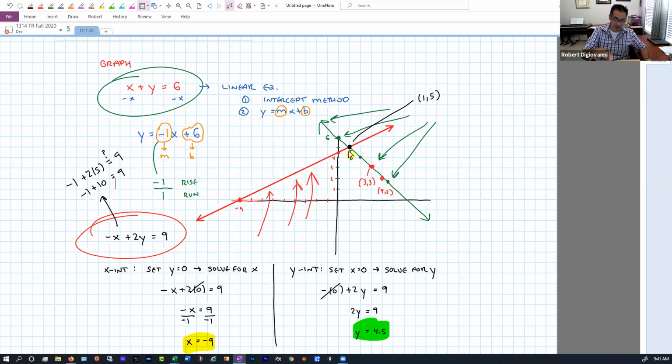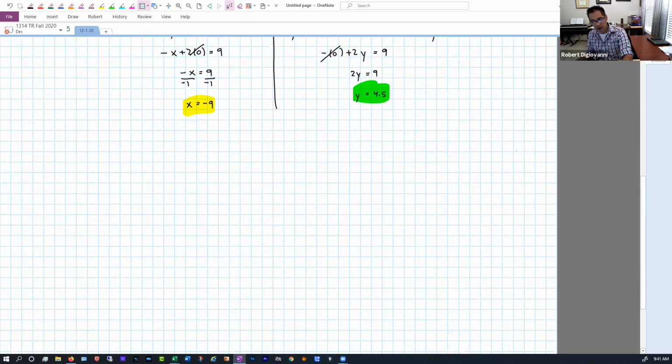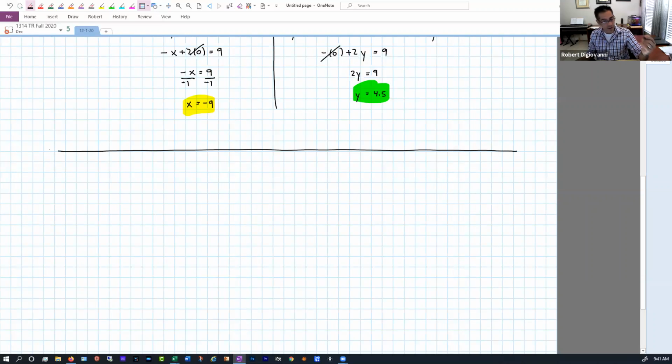At least to start today, if I give you two lines, can you find their point of intersection? Can you find the solution to both equations at the same time? So the way that I would write this, if this were a brand new problem, here's what I would tell you. I would say solve, and then I would do this.